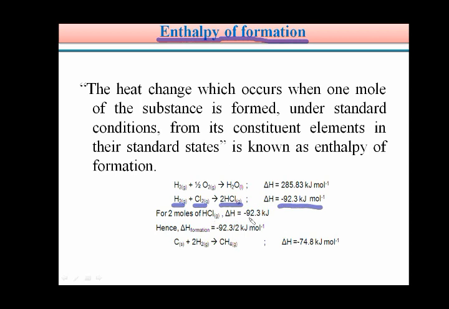So 92.3 divided by 2, because this is for 2 moles. For 1 mole of substance formed, this becomes 92.3 by 2 kilojoules per mole, which is the delta H of formation of HCl gas. Here 2 chlorine atoms come from Cl2, and 2 hydrogen atoms come from H2 gas.